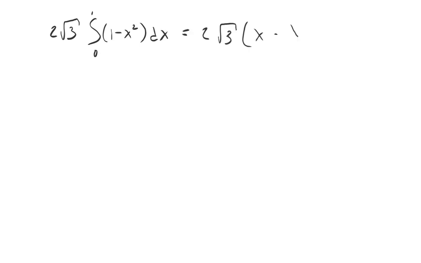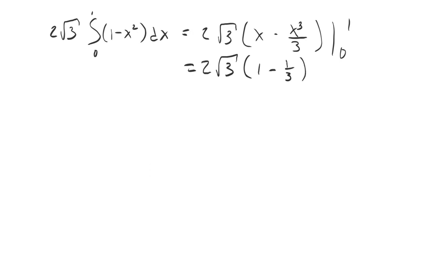So I have 2 radical 3, integral from 0 to 1, 1 minus x squared dx. And so we're just going to do this. 2 radical 3, x minus x cubed over 3. We should be getting good at this by now. From 0 to 1. When I plug in 0, both of those terms are going to be 0. So this is just 2 radical 3 times 1 minus 1 cubed is 1, 1/3.